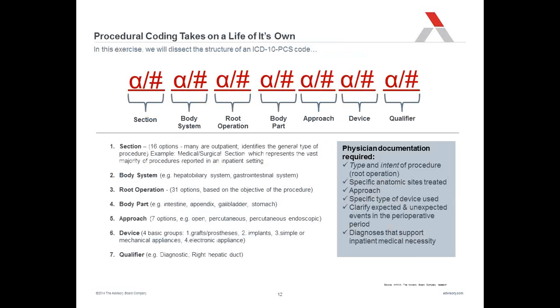The ICD-10 PCS code now takes on a new different look with 7 different sections being able to be captured. All of these sections are required for the particular procedure code to be built accurately.